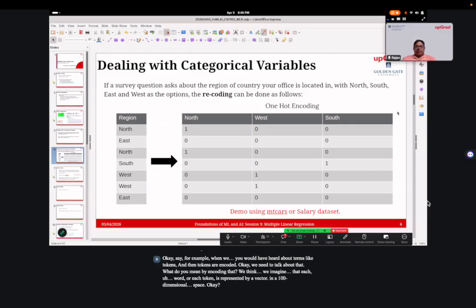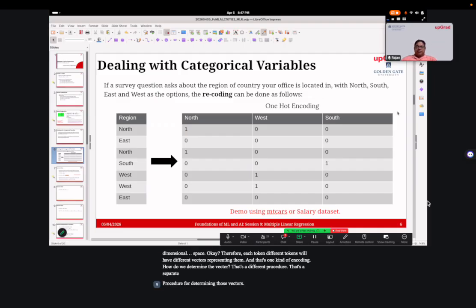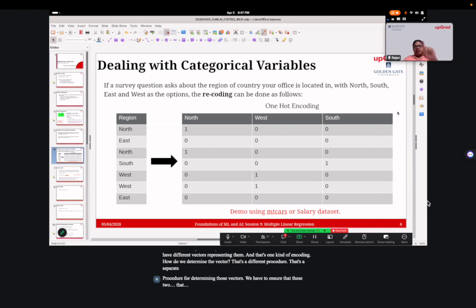Therefore, different tokens will have different vectors representing them. And that's one kind of encoding. How do we determine the vector? That's a separate procedure for determining those vectors. We have to ensure that a vector is unique for one token. And that's how the large language models are built.